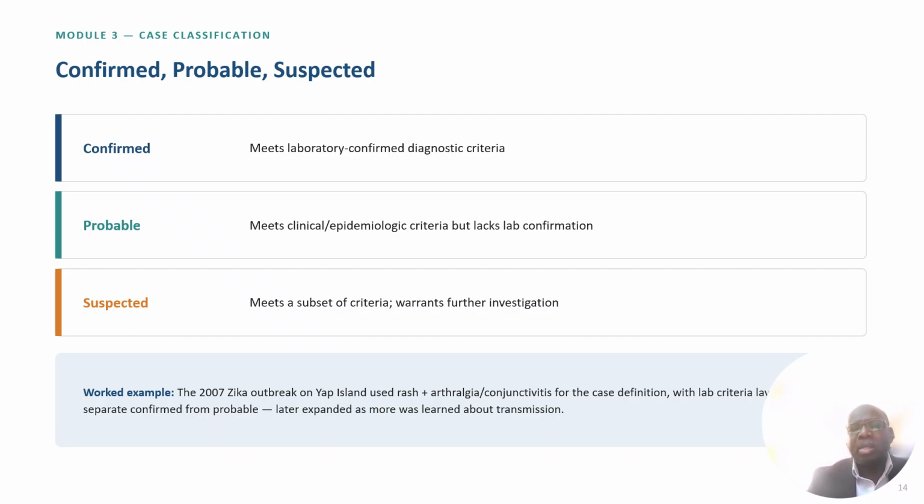The most classical classification is confirmed cases, and this depends mainly on the laboratory result, whether it matches the laboratory result or isolates the causative agent.